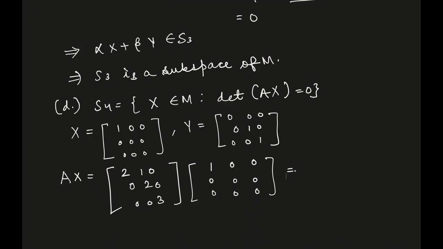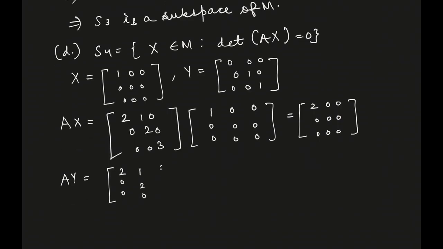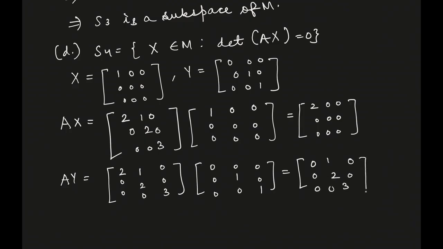So this will be, first entry will be 2 and rest will be 0. Similarly, AY, 0, 1, 0, 0, 2, 0, 0, 0, 3.